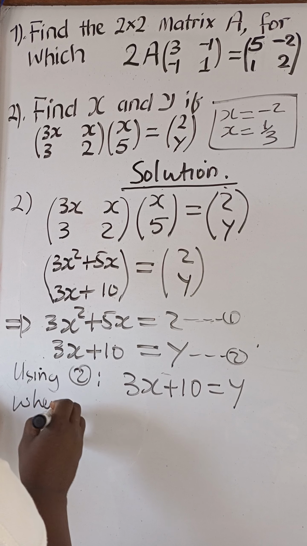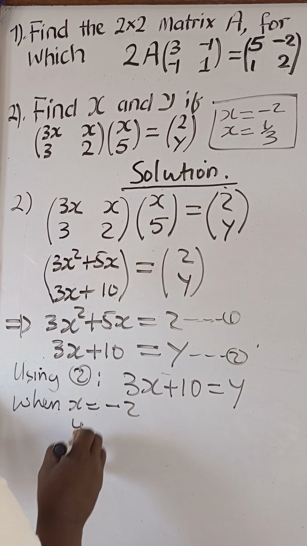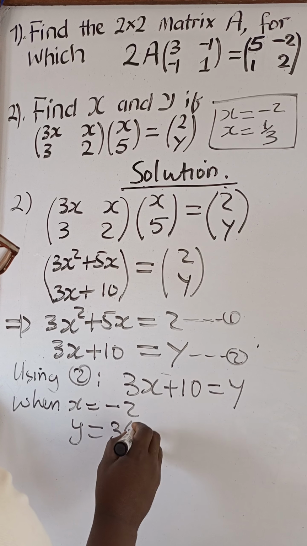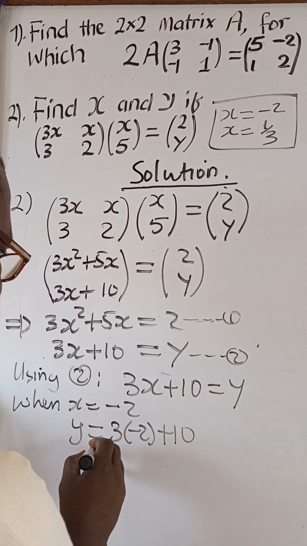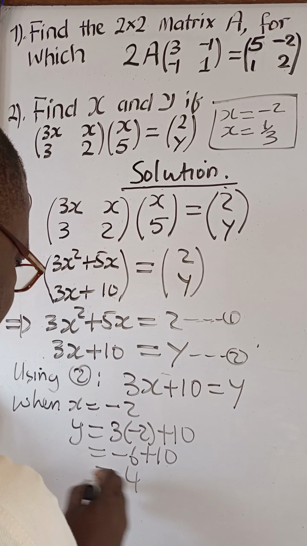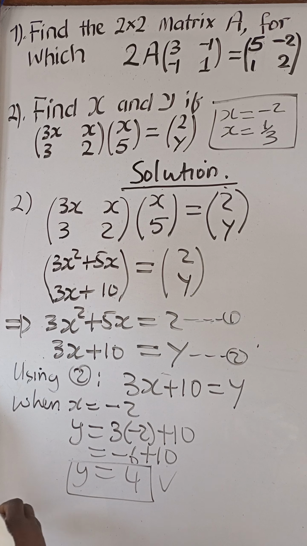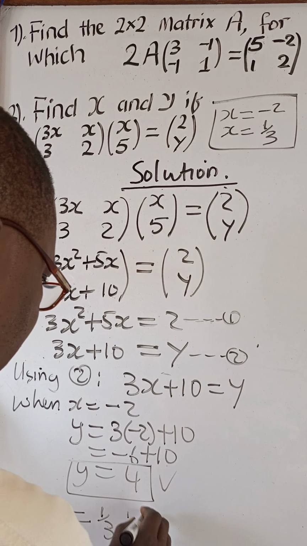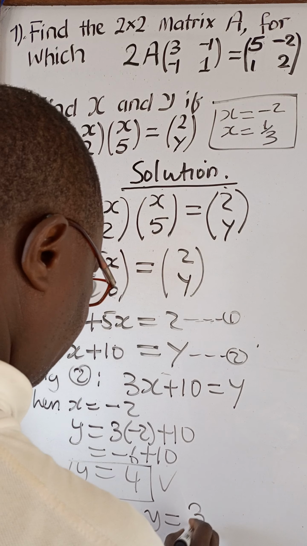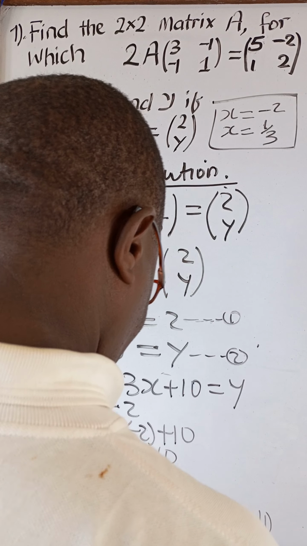So when x is negative 2, y is equal to 3 into negative 2 plus 10, which is negative 6 plus 10, which is 4. So y is 4. And when x is 1/3, y is equal to 3 into 1/3 plus 10.